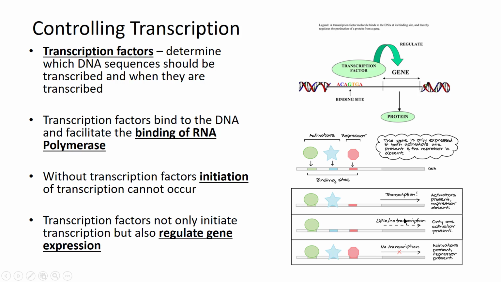And as I mentioned, this is a lot more detailed than what we get into in this class, but that's sort of the idea, at least to give you a general sense of how transcription works in the broader context of your DNA. You have to activate genes through transcription factors.